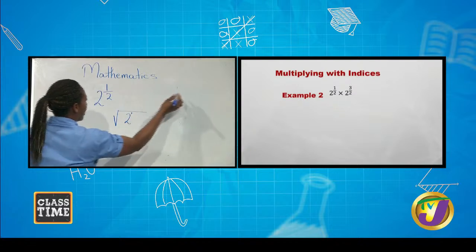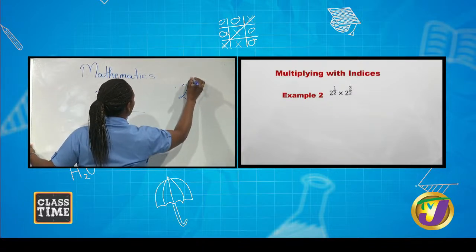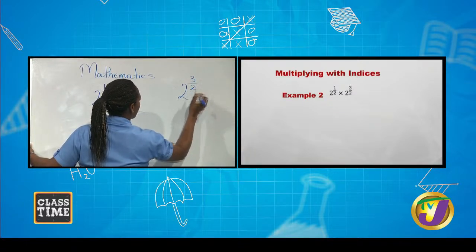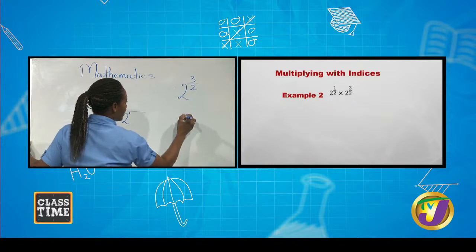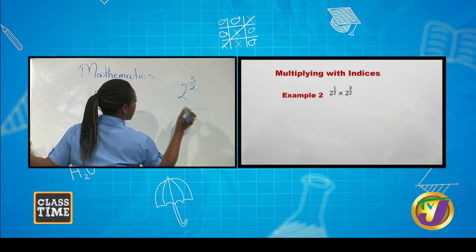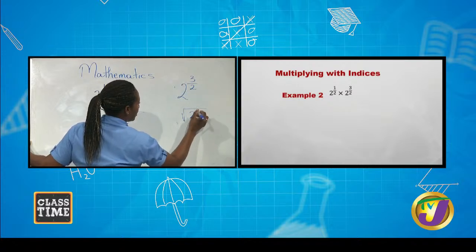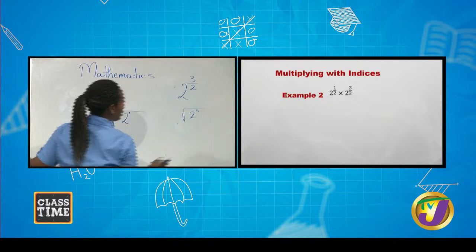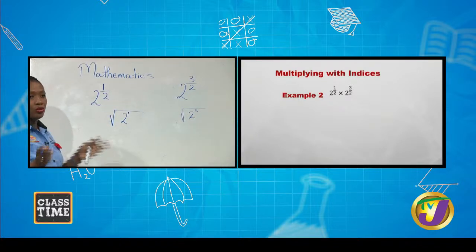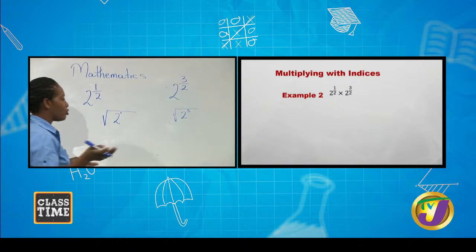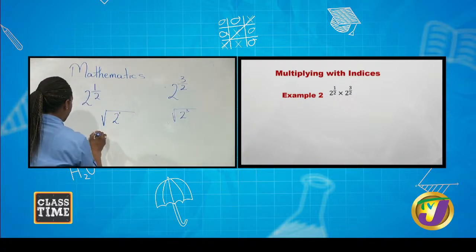And then over here we have 2 raised to 3 halves. So remember the denominator tells you that it's a square root, of 2, and the numerator tells you the power. So 2 to the 3rd power, 2 cubed. So let's write out the entire problem now.